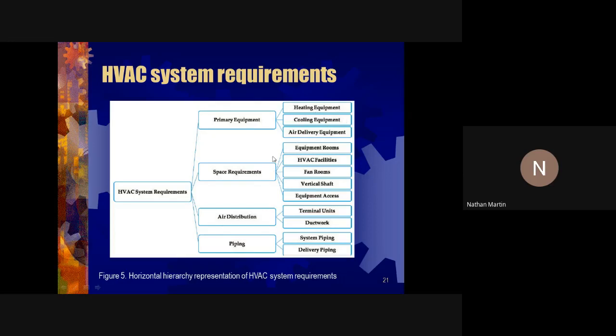Under the space requirement, we have to consider the equipment room where we're going to put the equipment, the HVAC facility, the fan rooms, the vertical shaft, and the equipment access, how we're going to access it. And when we talk about distribution, we have to talk about where to place the outputs and where to run the duct. And the piping is really what will deliver the cool air throughout the system, right.